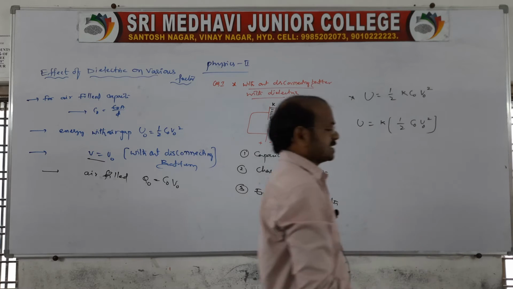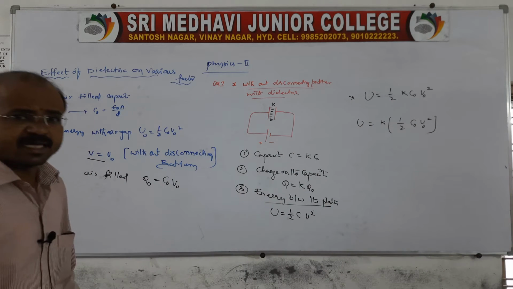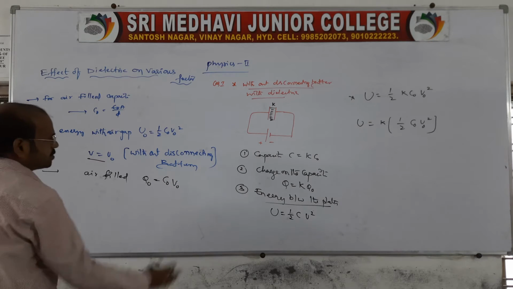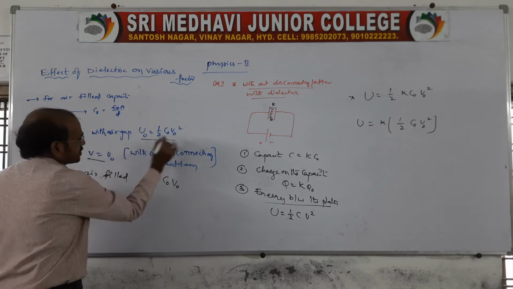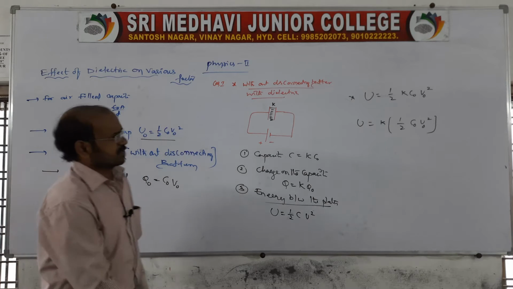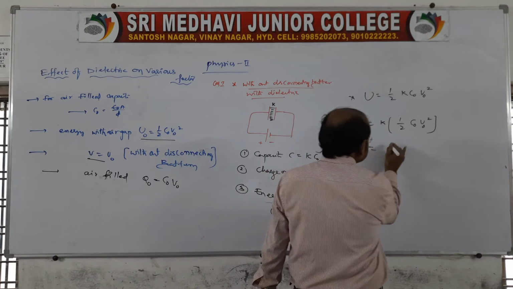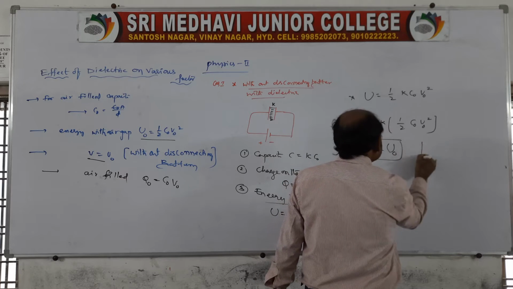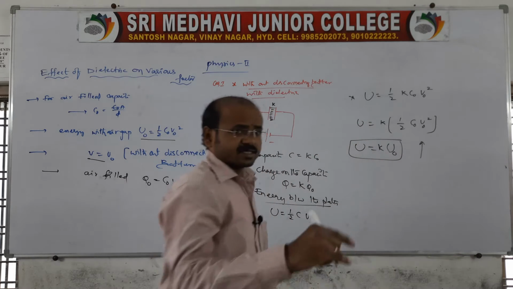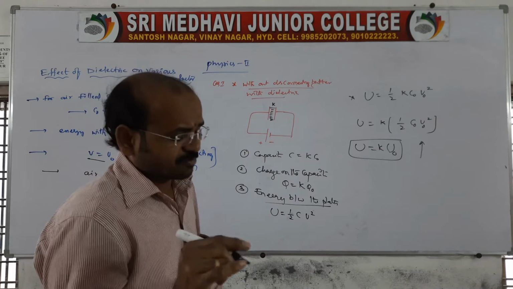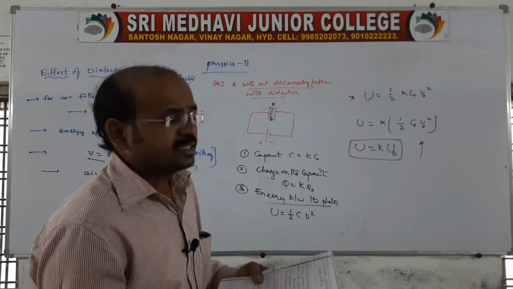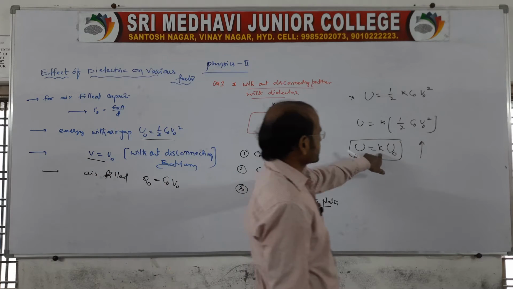When a dielectric is introduced, what happens to the energy? In the air field, we know U naught is equal to 1 by 2 C naught V naught square. Therefore U is equal to K into U naught. Without disconnecting the battery, the energy increases by K times.